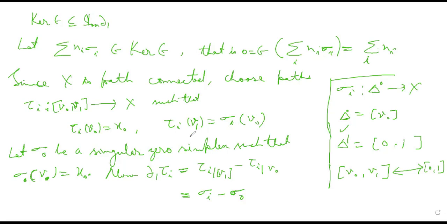And this is exactly equal to sigma I, because tau I applied over V1 is simply sigma I. So this is going to be equal to this, and tau I applied over V0 is actually equal to x naught, and sigma naught is a zero simplex.